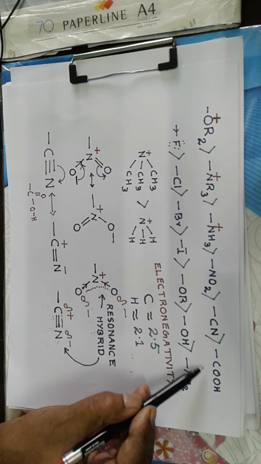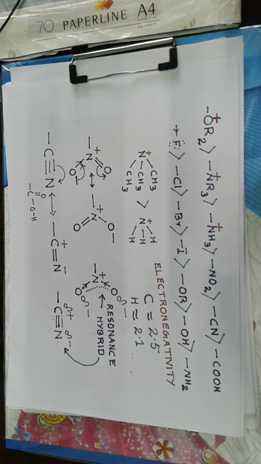So when we compare COOH and fluorine, due to the small size of fluorine, there is inter-electronic repulsion when the bonding pair approaches fluorine, so fluorine will have a slightly lower tendency to accept electrons, and its electron withdrawing character is less than that of the COOH group.